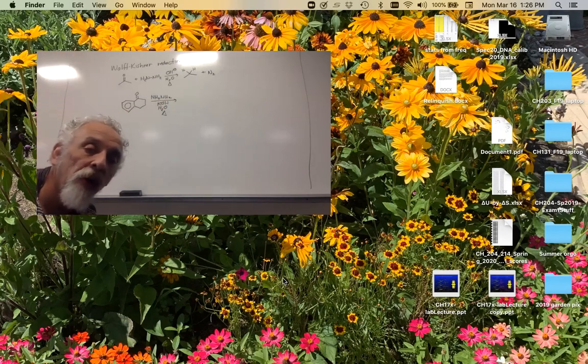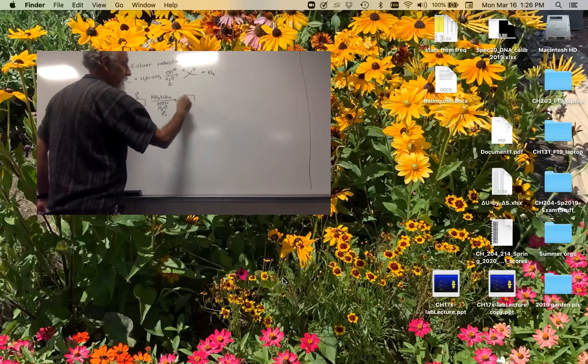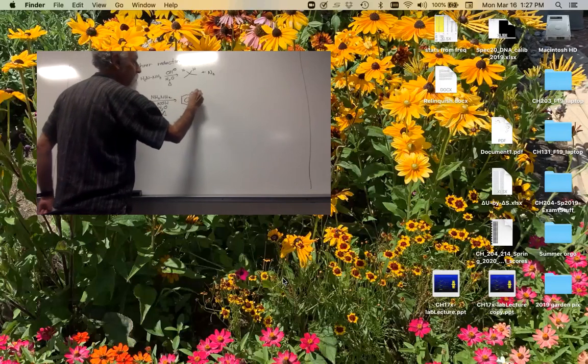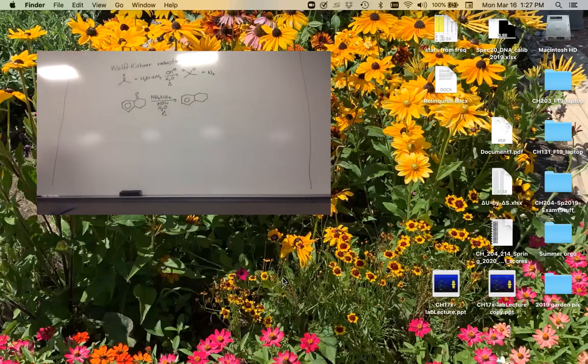Hope this is going well for you guys. Hope you can see the board and everything. Oh, it's so easy, right? All you have to do is get rid of that carbon-oxygen double bond. Pretend it's not there. And we saw the mechanism for how that happens. So that would be the product there.